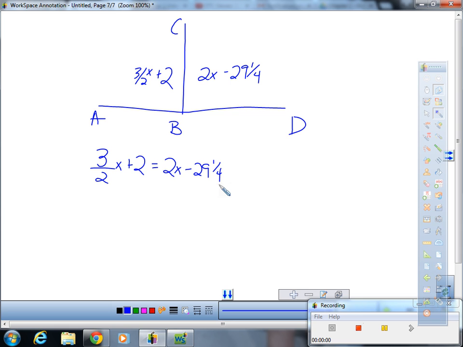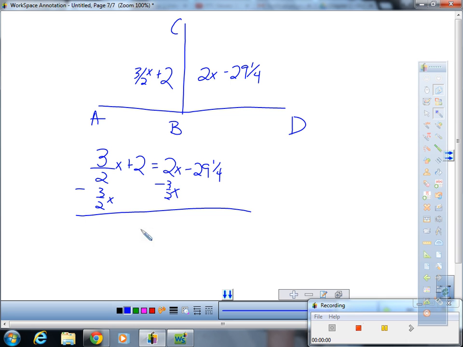Maybe you guys just want to turn those into decimals. I'll keep working with fractions, but since you're always going to be allowed to use your calculator, if you prefer to work with decimals, that's fine. It might set you back a little on some future tests, but you'll still be okay. So the first thing I'm going to do is subtract 3/2 x.